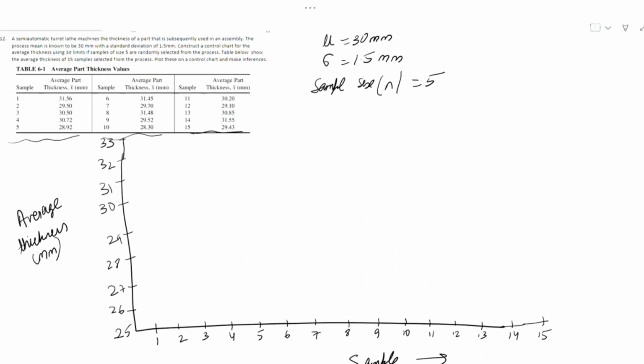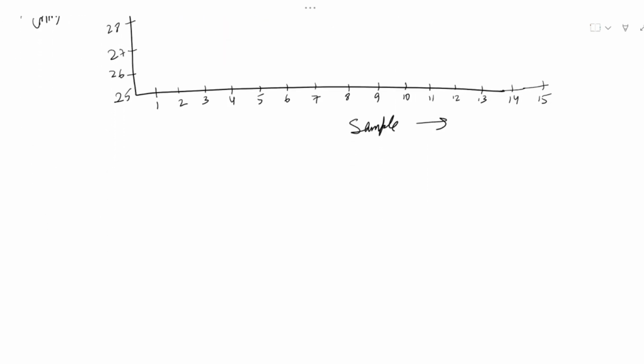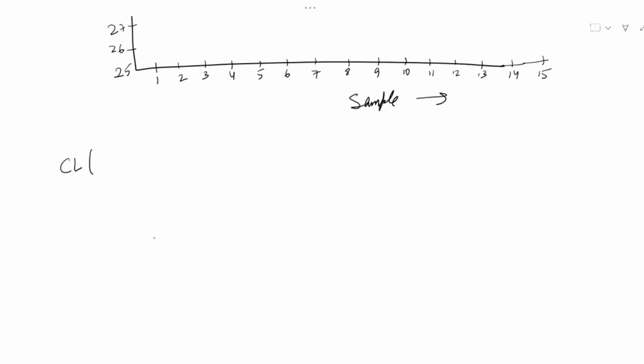So what we have to do is, first we will find out the center line, which is the mean. Center line mean is equal to 30 mm.